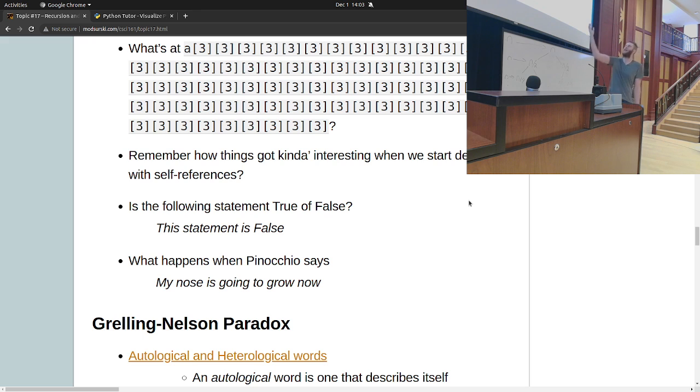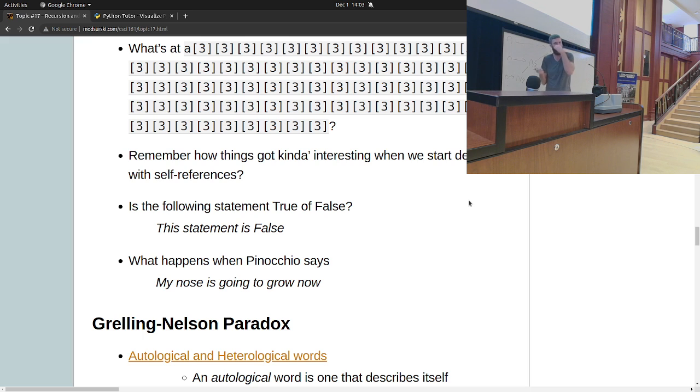This is a conundrum. We're in a paradox. This statement is false, is incomprehensible. It's a non-computable sentence because if it's true, then it's false. But if it's false, then it's true. What? It can't be both.